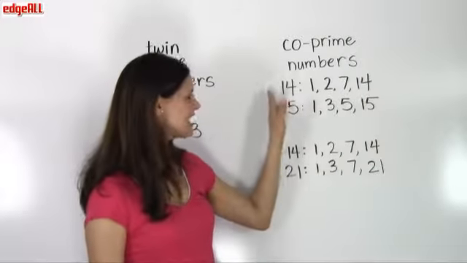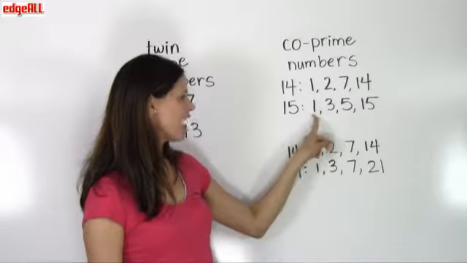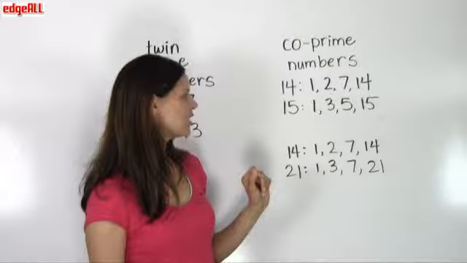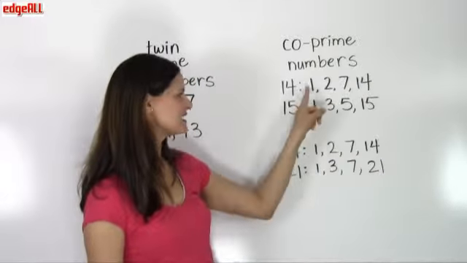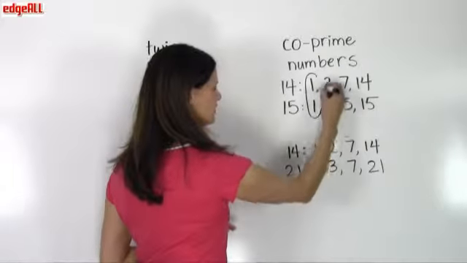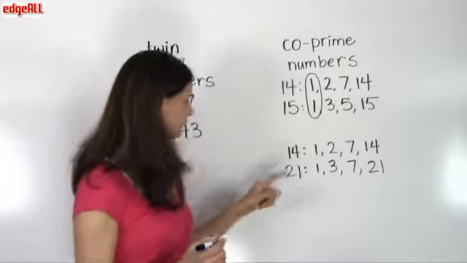So you can see that they are not primes because they have more than 1 and themselves for factors, but they are what we call co-primes because the only factor that they have in common is the number 1.